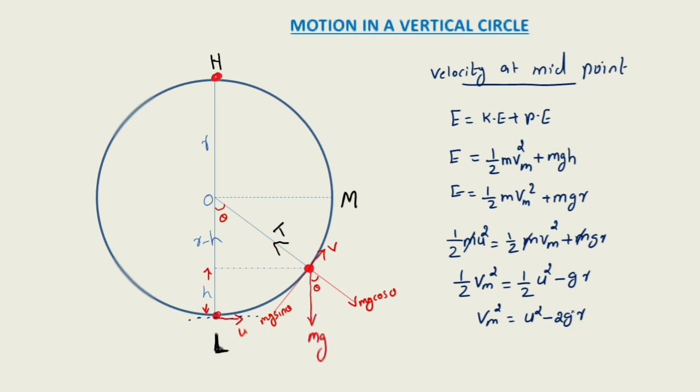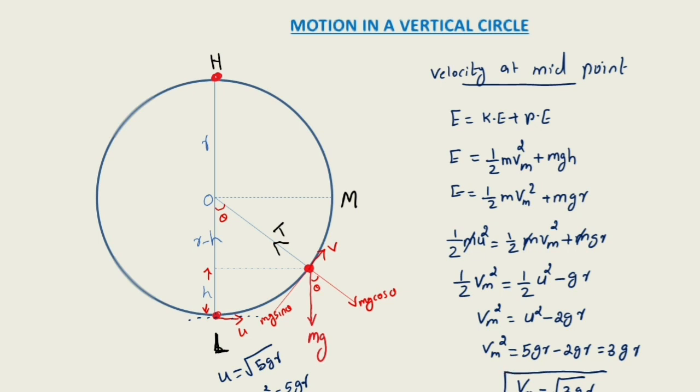So what is Vm? Vm square is equal to u square minus 2gr, and we have already written u, the minimum velocity for looping the loop, as root of 5gr. So u square is equal to 5gr. Substituting, you get 5gr minus 2gr, which is equal to 3gr. So the velocity at the midpoint is Vm equal to root of 3gr.